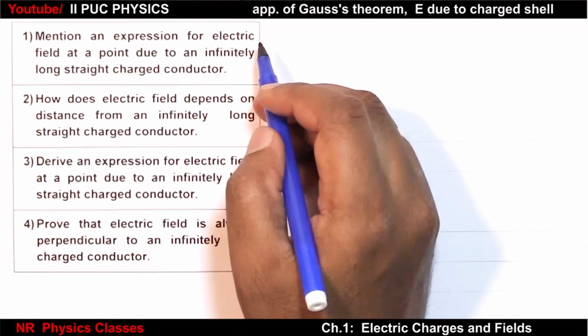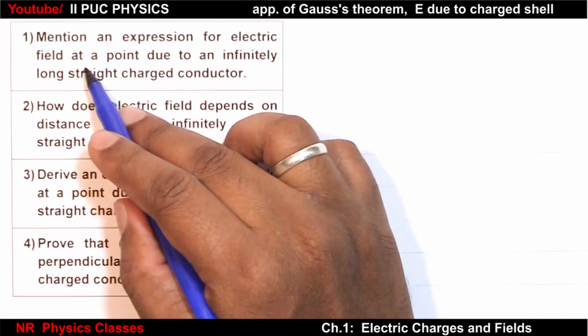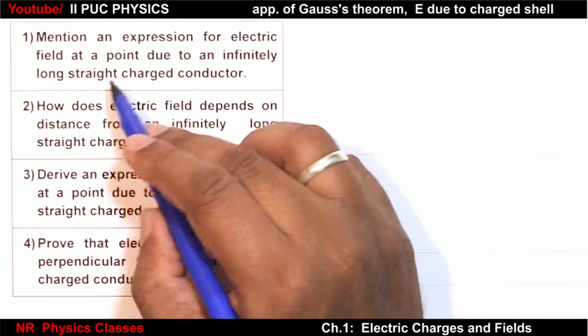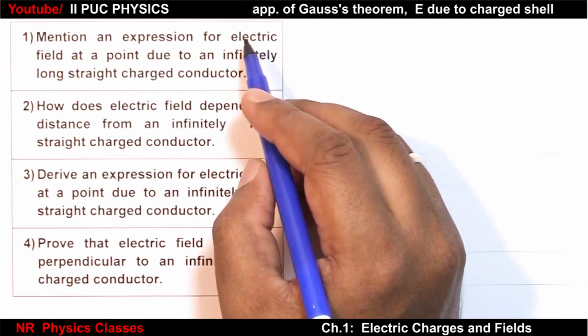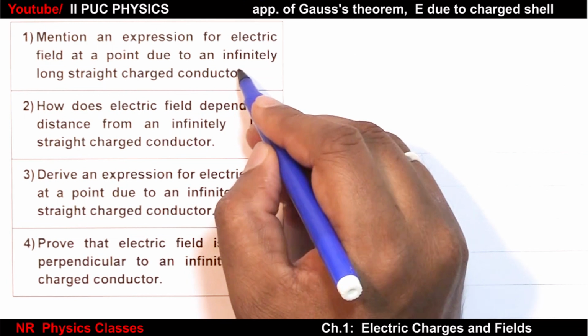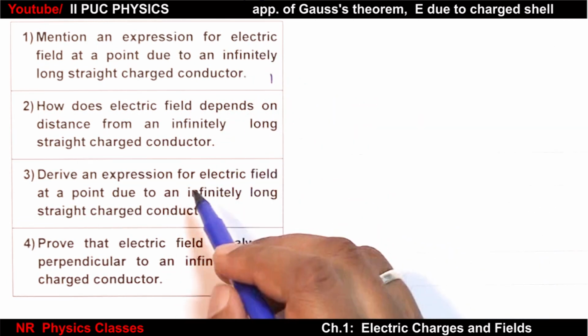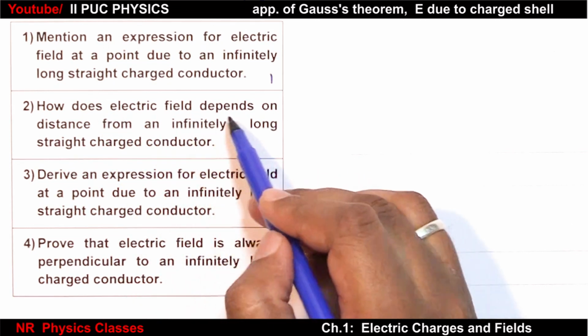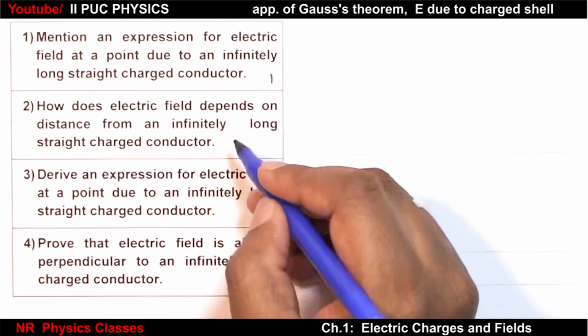Probable questions from Gauss theorem. Mention an expression for electric field at a point due to an infinitely long straight charge conductor. So this is from the first application of Gauss theorem. Just the expression for 1 mark. How does electric field depend on the distance from an infinitely long straight charge conductor?